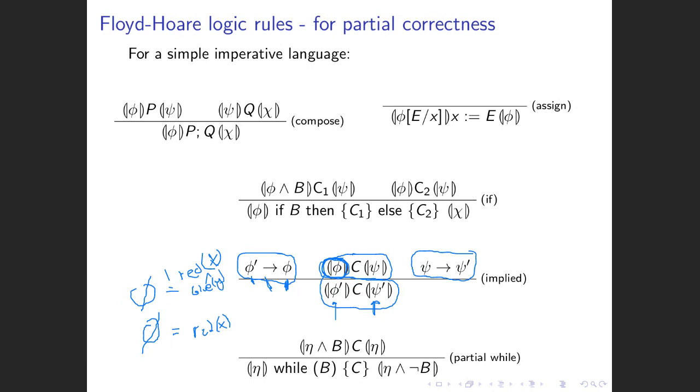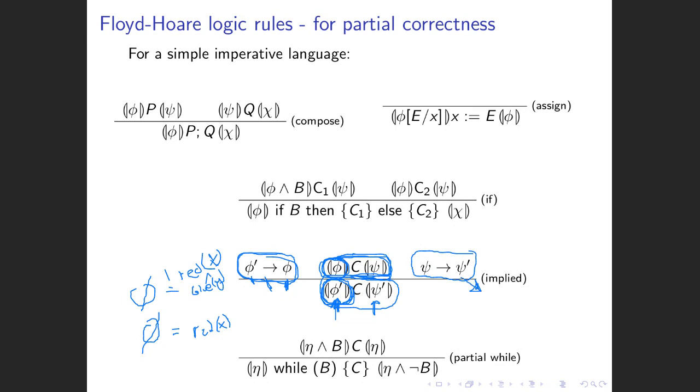So here we've said extra stuff about the state of the system, but it still implies all the stuff that we needed for this thing to be true. So we can chuck as much extra information in here as we want, and the original Hoare triple will still work. And then on the other side, this is weakening the postcondition.